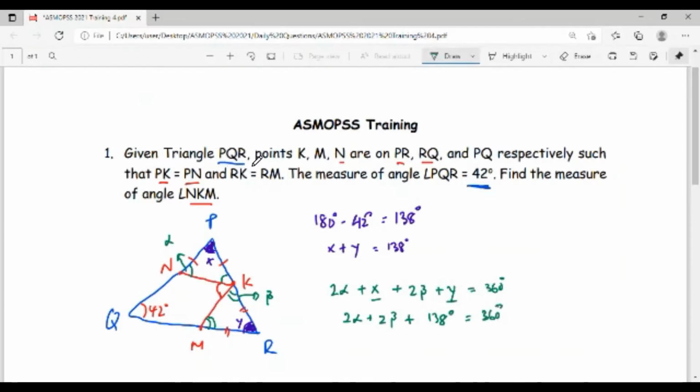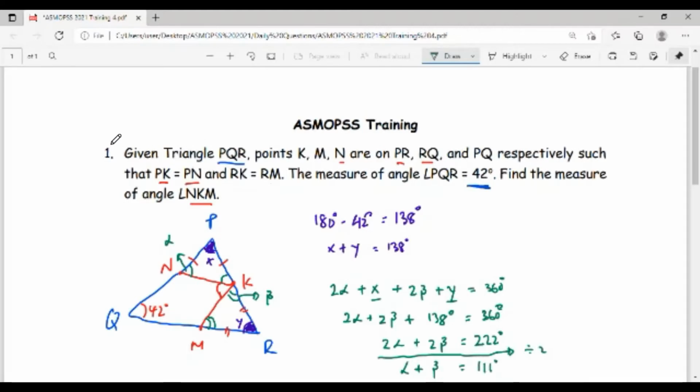So now we can reduce this term into 2 alpha plus 2 beta is equal to 360 degrees minus 138. So that's equal to 222 degrees. Now let's simplify this term. So 1 alpha plus 1 beta is equal to 222 divided by 2. So we divide this whole equation by 2. So that's equal to 111 degrees, right?